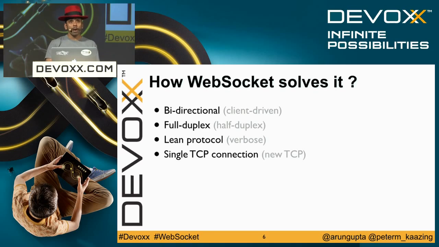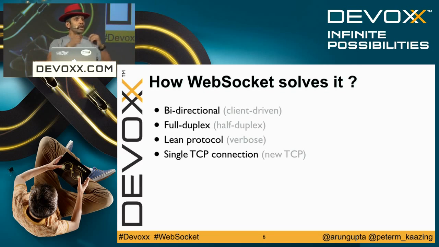And the best part about WebSocket is that you start with a simple HTTP connection, and then you upgrade it. That's standard HTTP terminology. Using a simple HTTP connection, you upgrade it to a WebSocket connection, and that TCP connection is held on to. Then on that TCP connection, the client and the server truly become peers.